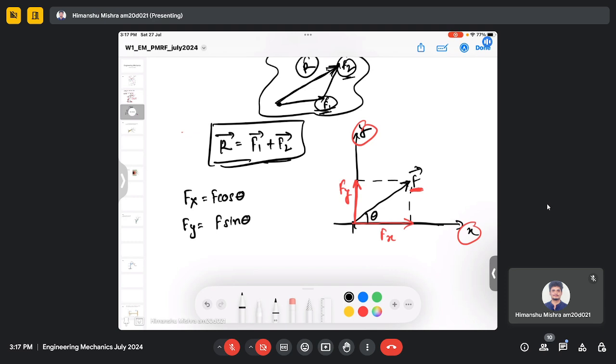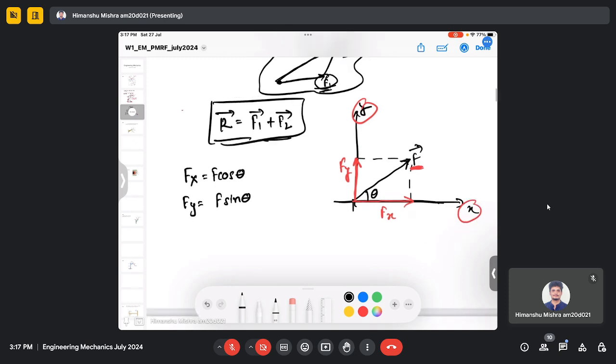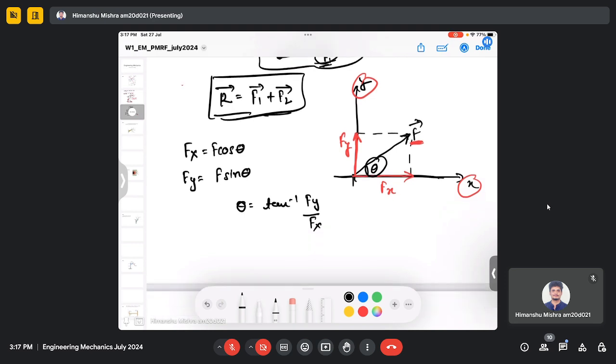Here I am just using a trigonometric rule, and in order to calculate this angle theta, you can use theta equals tan inverse of Fy by Fx, and we can calculate the magnitude of this force by the square root of Fx squared plus Fy squared.